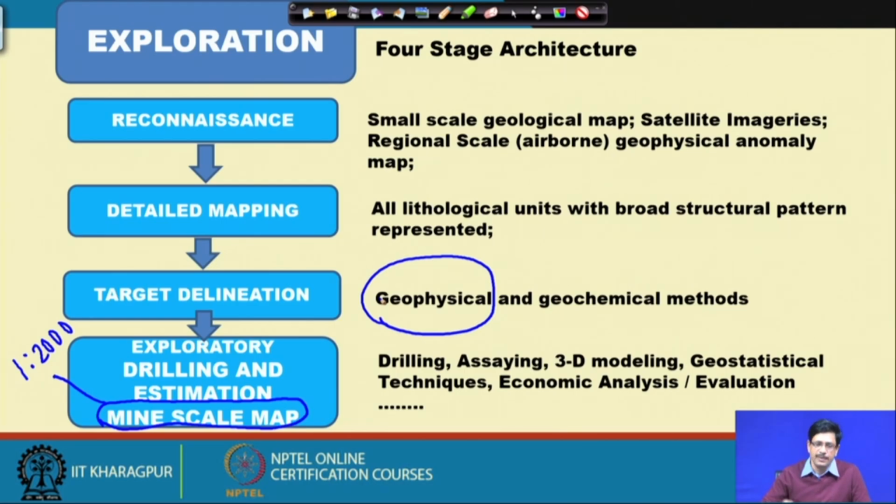Even though the methodologies are quite elaborate and give very definitive results, in an exploration program like the 4-stage architecture that we are putting hierarchically, only intersecting the ore body by a drill hole gives us the most direct evidence of its presence.